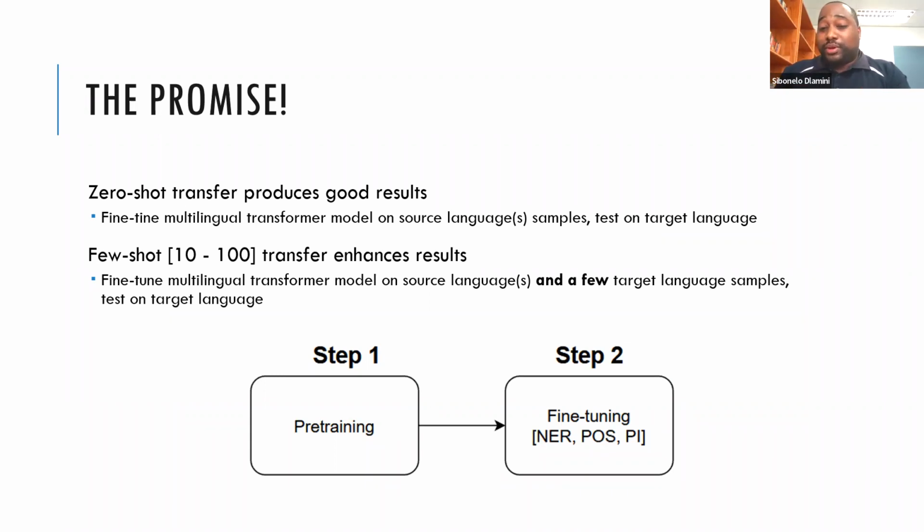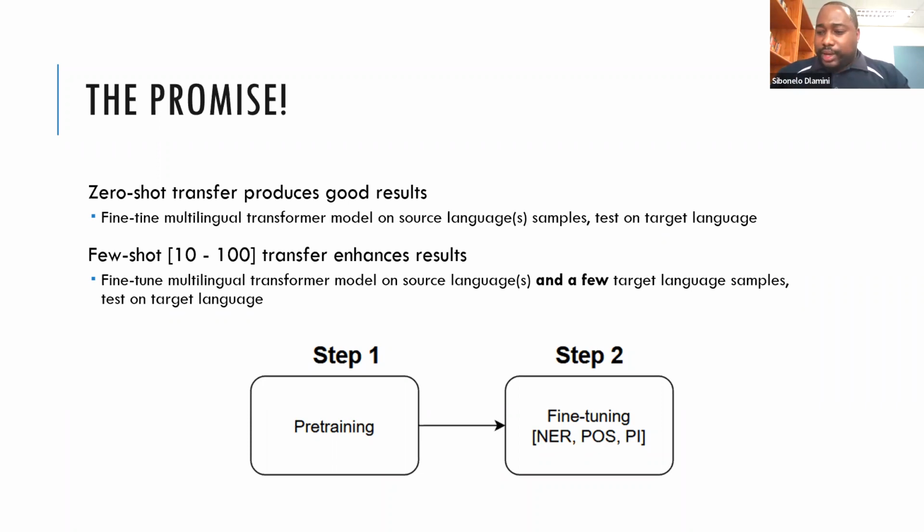Well, but I do think there's a part of speech data set available for isiZulu. So let's take named entity recognition. We fine-tune it on English named entity recognition, but then we actually test it on isiZulu named entity recognition without any fine-tuning on isiZulu.